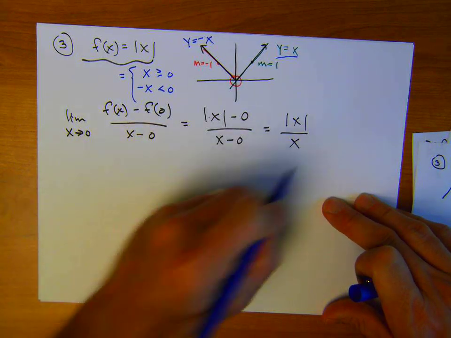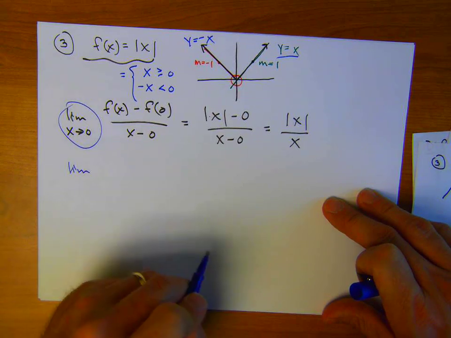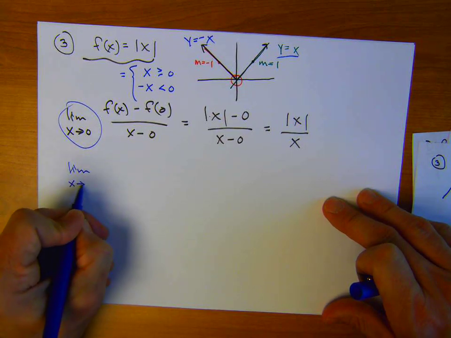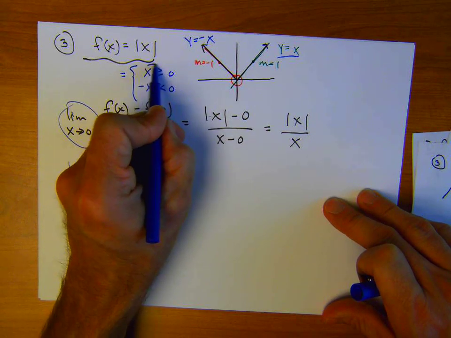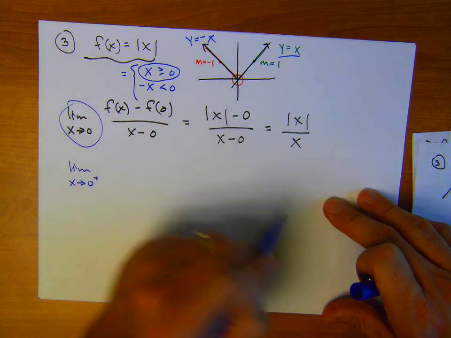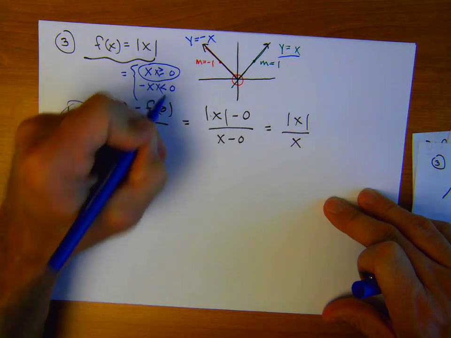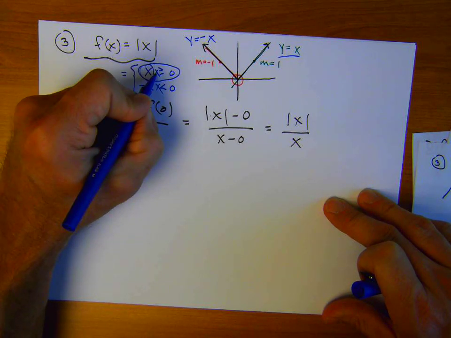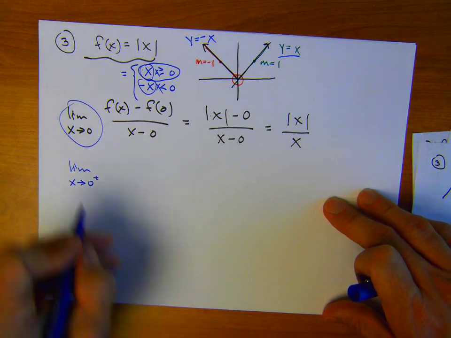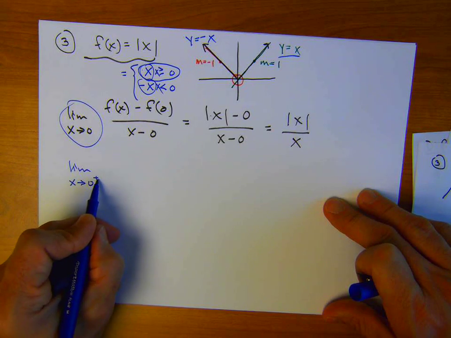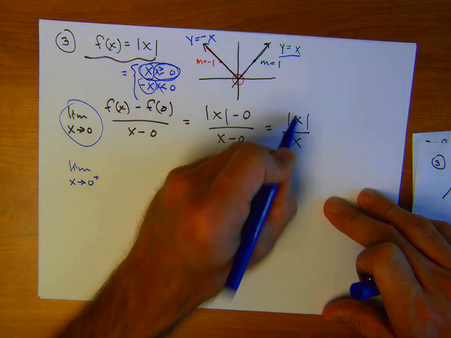So now we're going to have to break up this limit into the left and right hand limits. The limit as x approaches 0 from the right: we're on this part of the domain, where it equals x when x is greater than or equal to 0, and negative x when x is less than 0. Sorry about that. So if we're coming at it from the right, we're looking at this part of the domain right here, so absolute value of x is x.